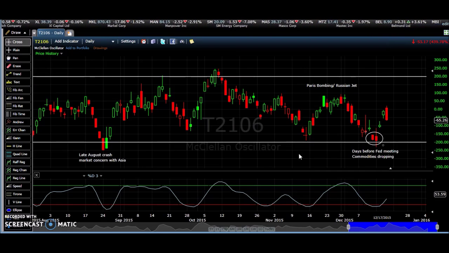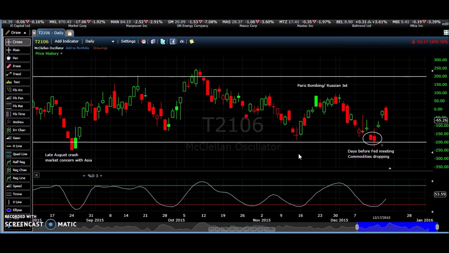I can go and reference this and see really where the market has been, where it's going, and make some market decisions on what I want to do. So you can see it's been pegging the market pretty well. Up here in this area, we had the European problems, the Paris bombing, and the Russian jet that was shot down.